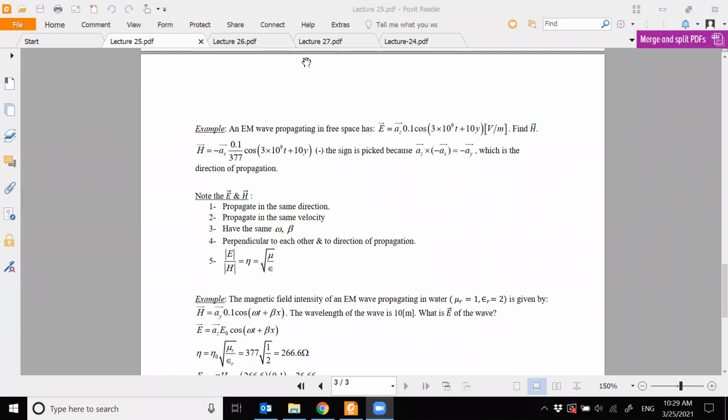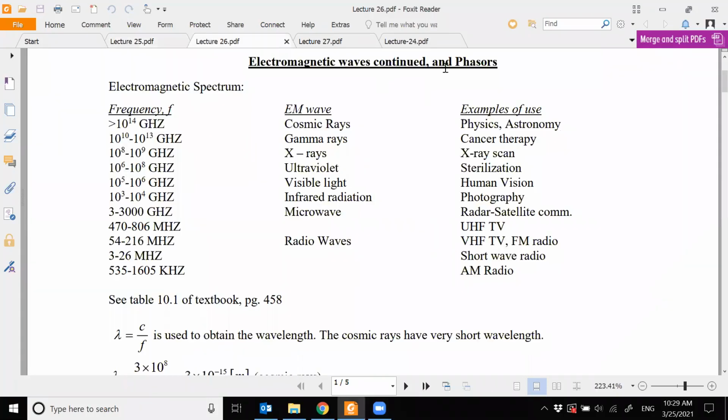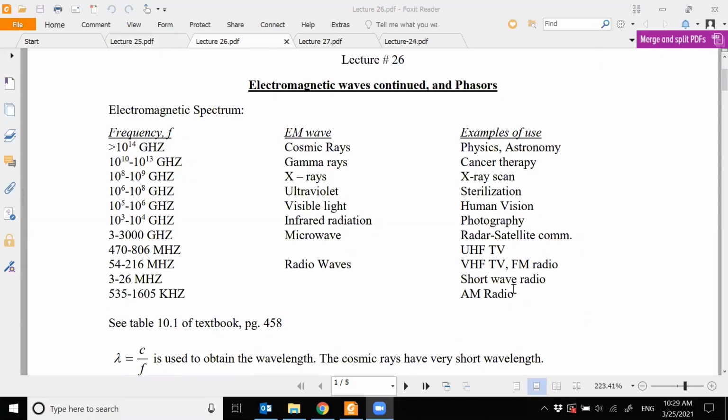So now what we are doing is categorizing our electromagnetic fields based on the frequencies. They are all electromagnetic fields, all electromagnetic waves. But we are just categorizing according to the frequencies and their common names, and some of the applications.